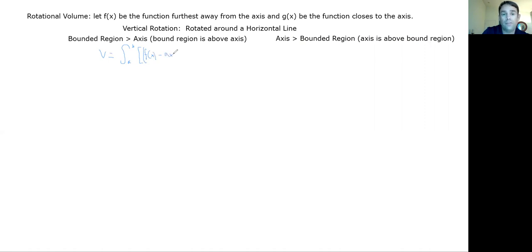And again, the f of x is representing the function furthest from the axis of rotation. And then if the axis is greater, then that's going to be the thing that we would use first when we subtract.